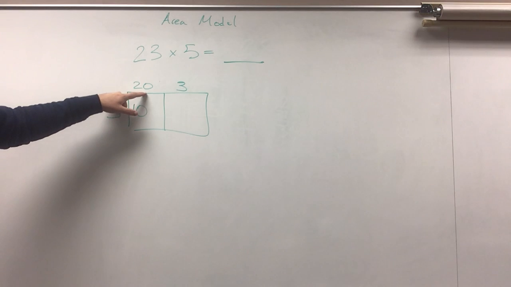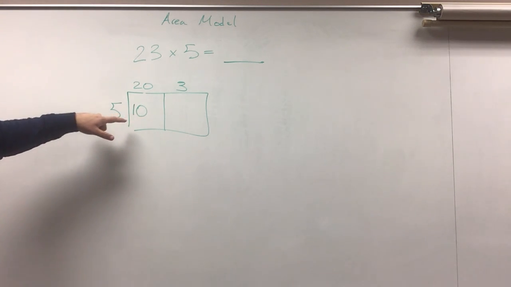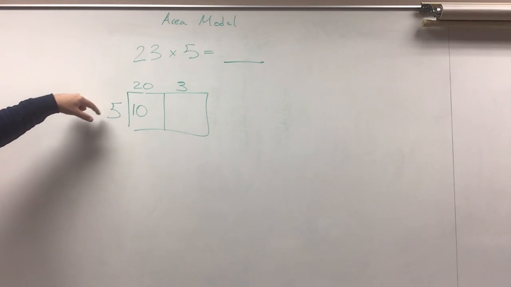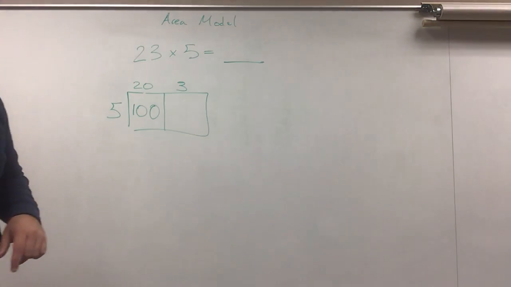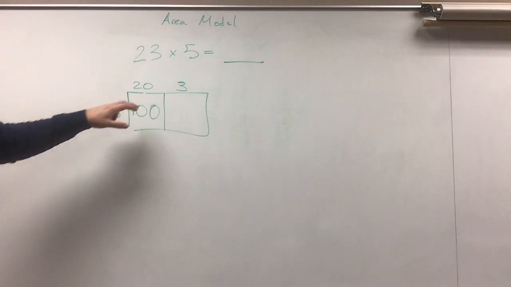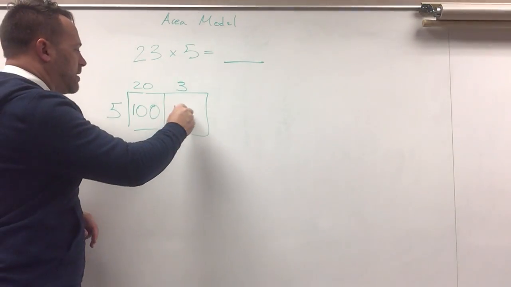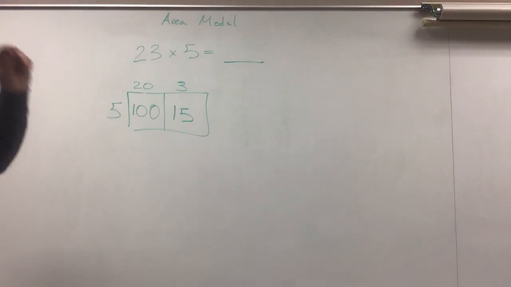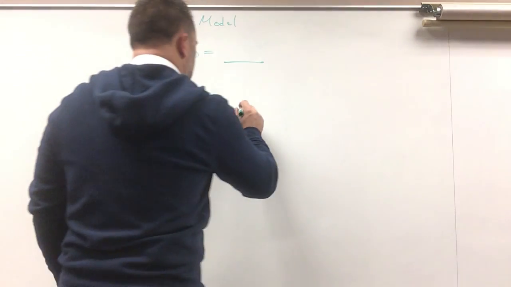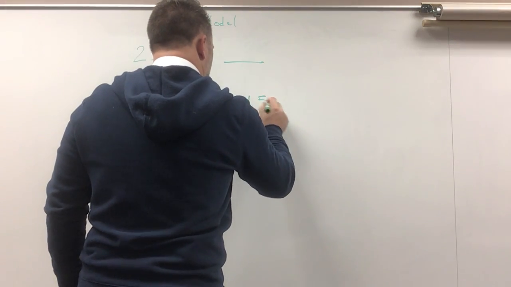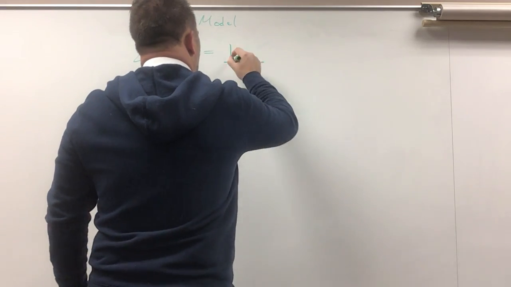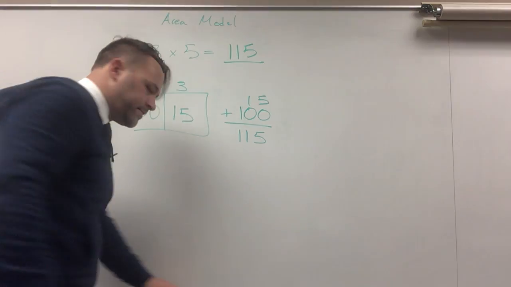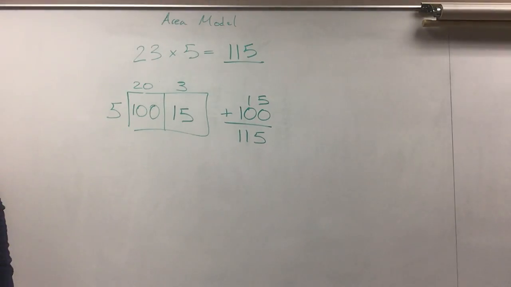Hey, I don't need a 0, right? Because I already have the 0. No, 5 times 2 is 10, but 5 times 20, now I bring down that 0, is 100. Okay? 5 times 3, 15 again. I know you know this, but I'm going to show my work. 100 plus 15, 115. Great.